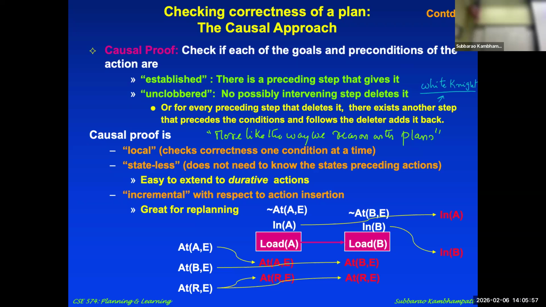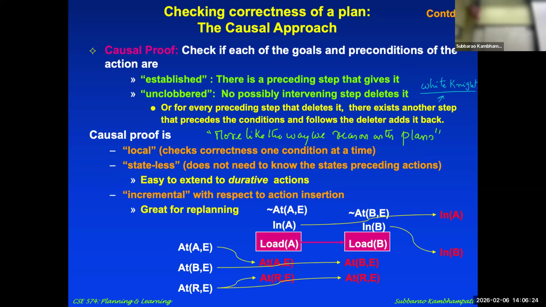And since you said this, again, I'll say it. If you have in some plan, at some level, S1 is giving P to S2, and there is an S3 which says, maybe I will delete P. In fact, let me put it this way: S3 has a conditional effect.